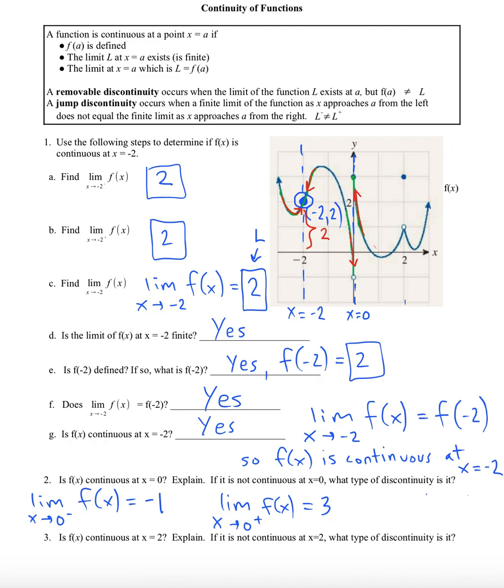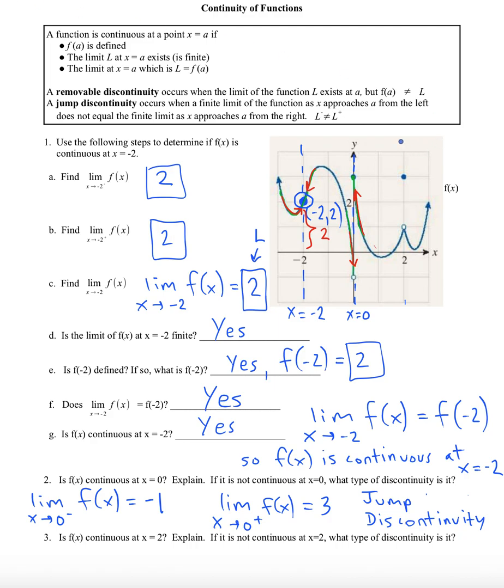Since they don't match, the limit doesn't exist at x equals 0. And this is a special type of discontinuity called a jump discontinuity. It's where the limit on the left doesn't match the limit on the right, and they are both finite limits.